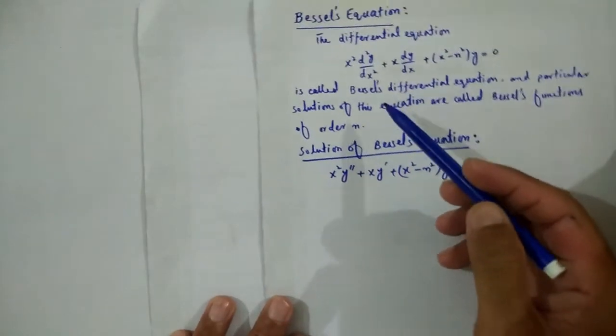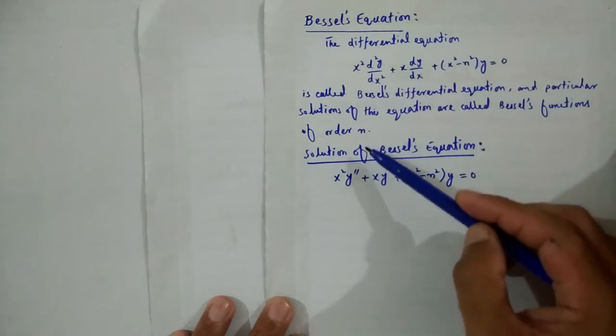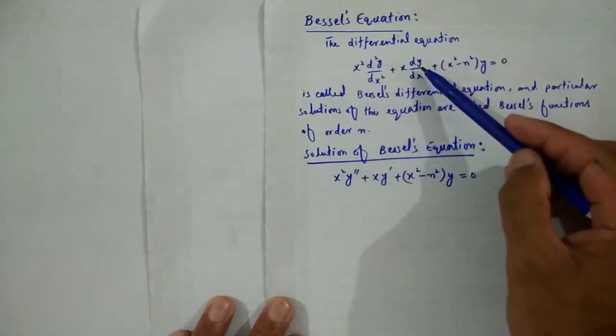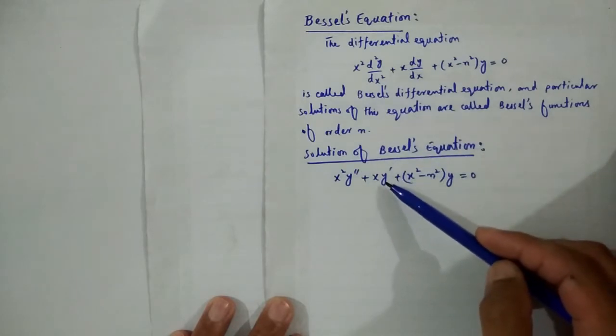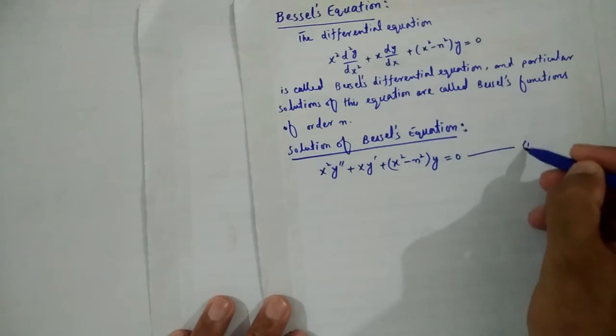I can write the second order derivative of y as y double prime, and similarly dy upon dx as y prime. So this is equation number 1.